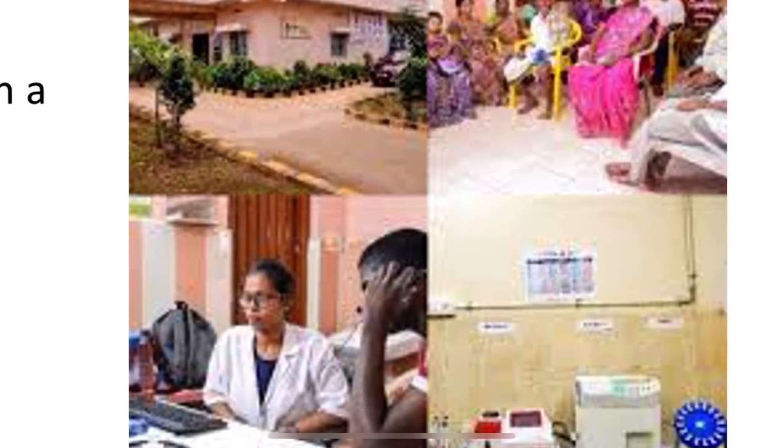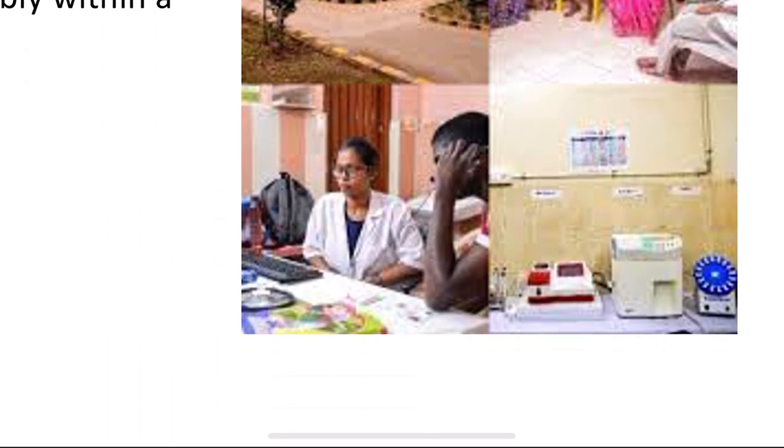So you can see here the picture. It is especially located near the slum areas within half a kilometer radius of a slum area, and it will provide the OPD service.